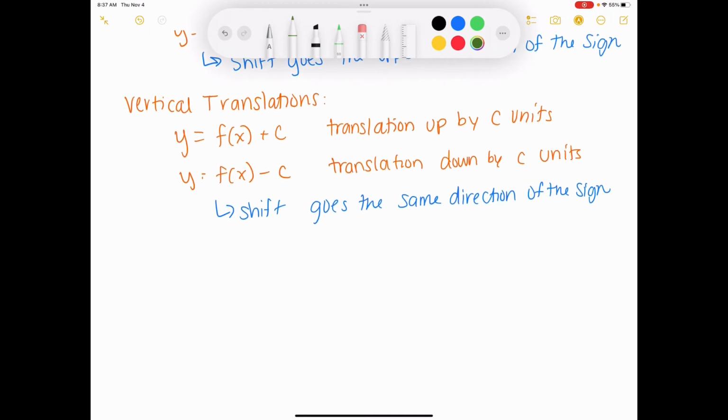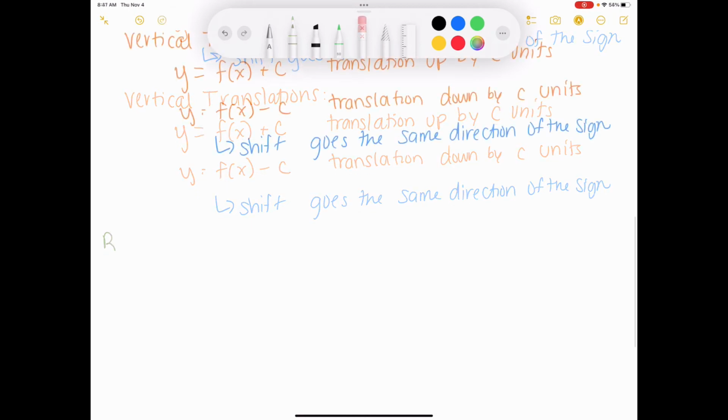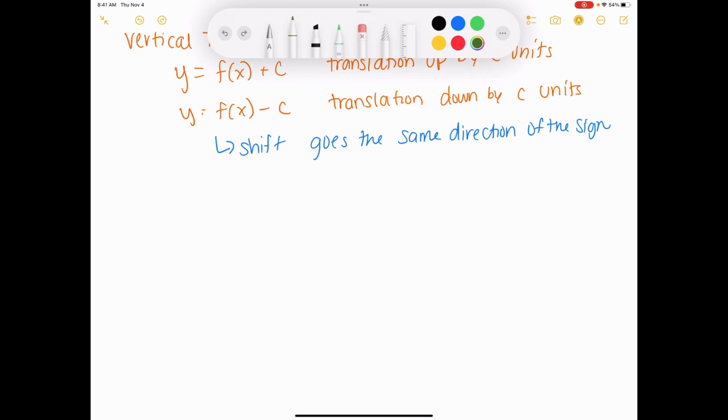All right. Reflections. Try this again. Reflections across axes. So reflection across the x-axis.